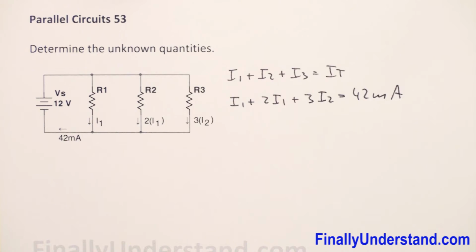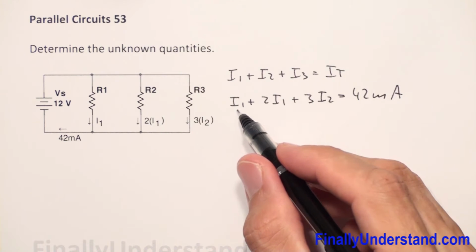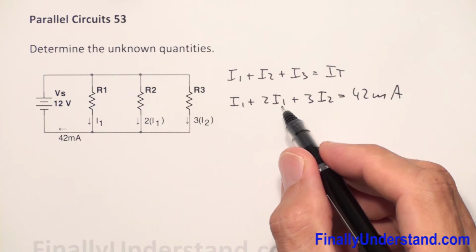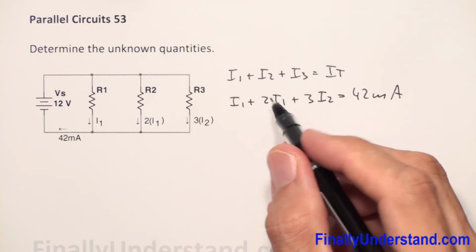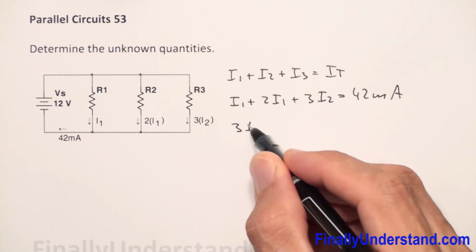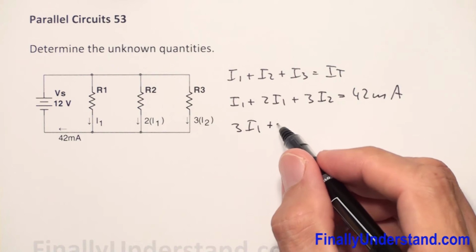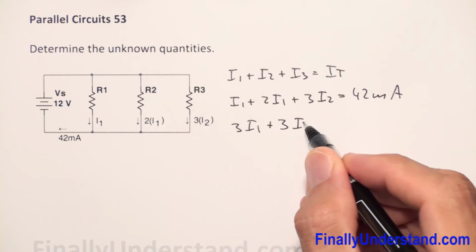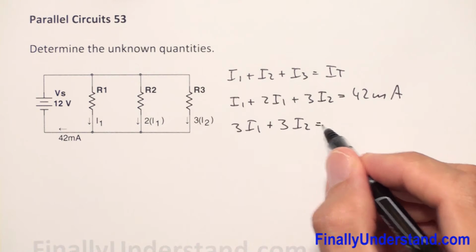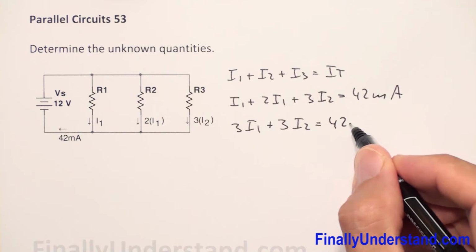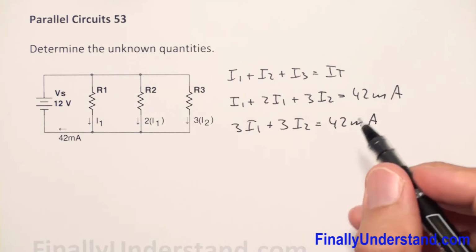Okay, let's take a look at what we got over here. We have I1 plus 2 I1 is equal to 3 I1, plus 3 I2 is equal to 42 milliamps.